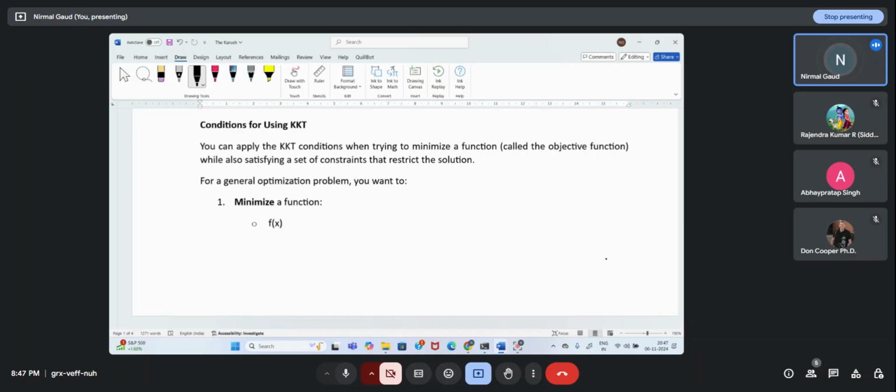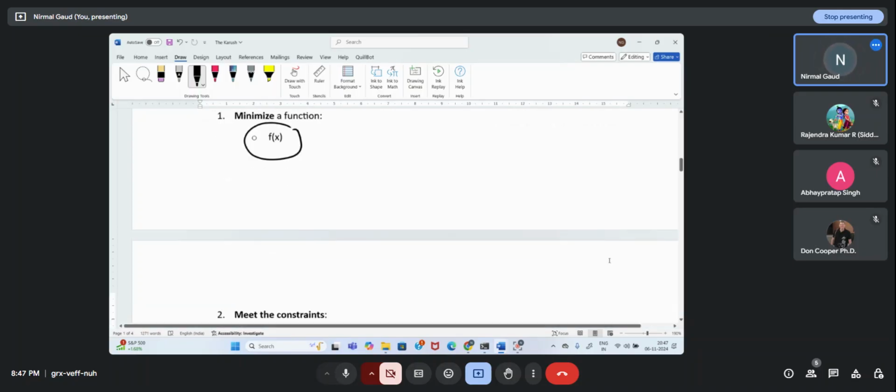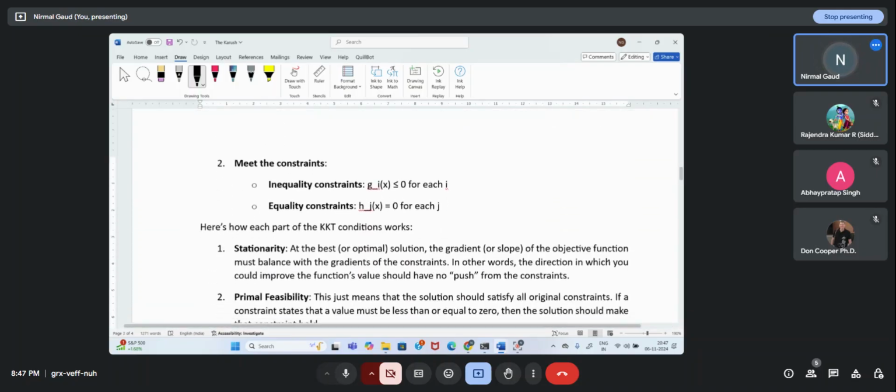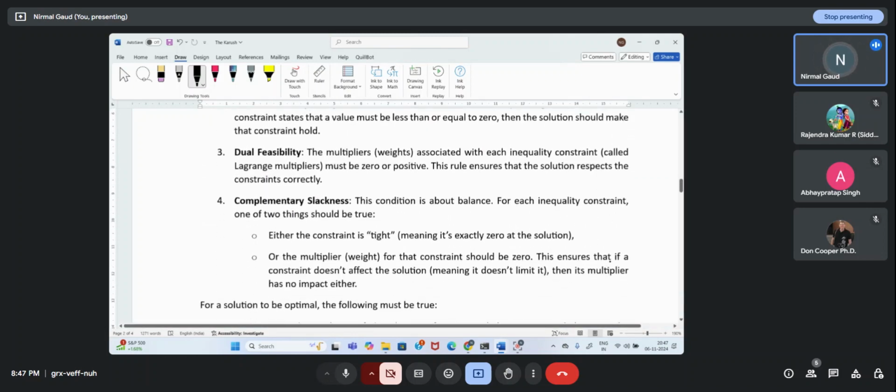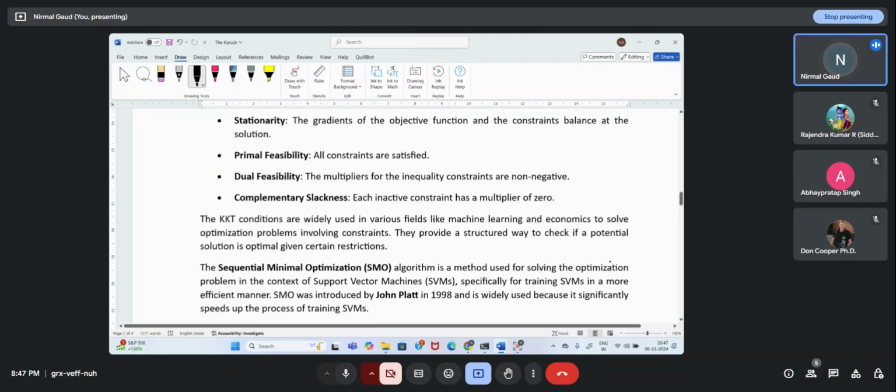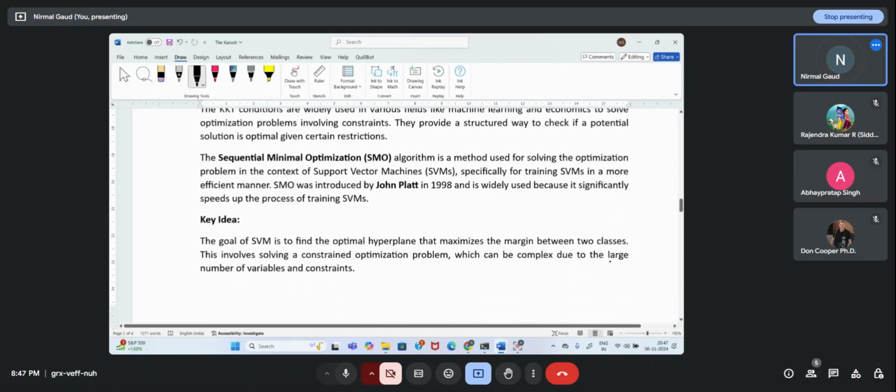Right now we want to minimize W. So let us suppose we have a function to minimize, f of x, and we have certain constraints which it should meet. And stationarity, primal feasibility, dual feasibility, complementary slackness, all that I have explained. You can read it.